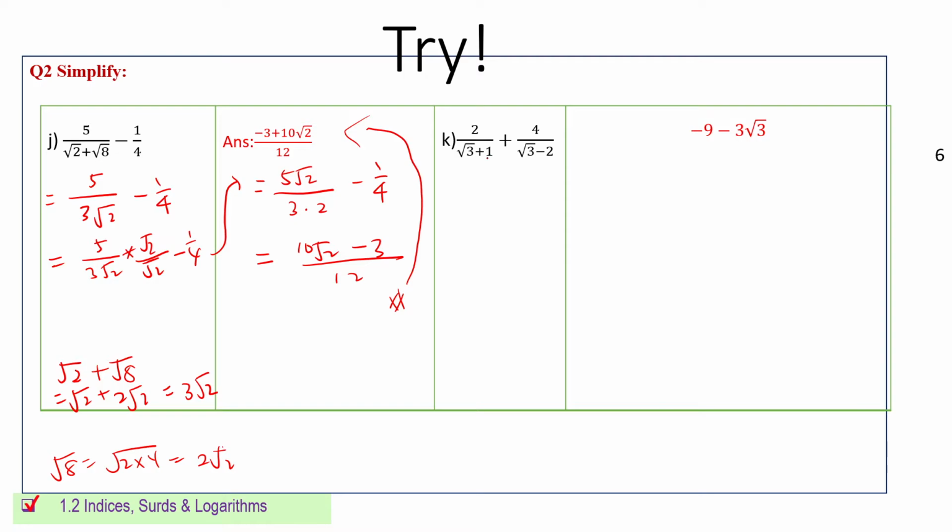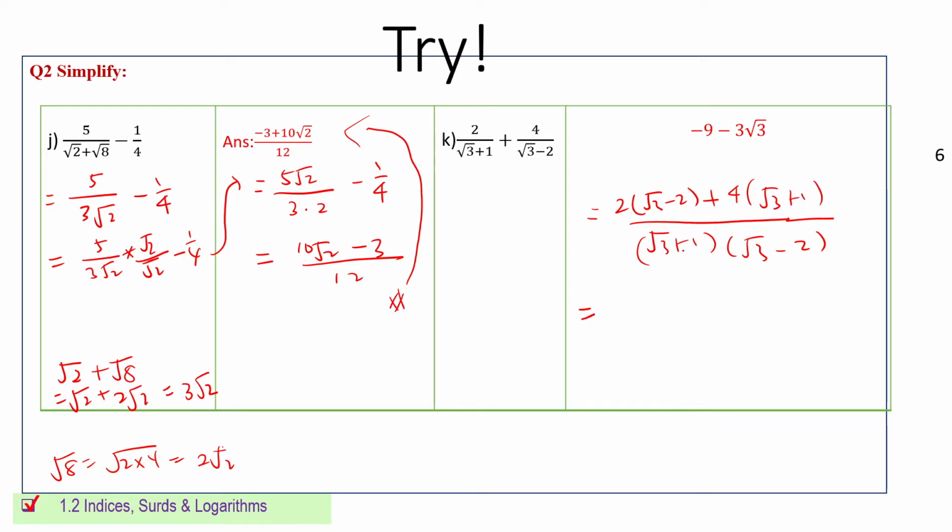Okay, if you see the denominator is a plus b, a minus b. So we know that we just cross multiply. And the denominator, as I said, okay, sorry, √3 plus 1, √3 minus 2. Oh sorry, this is not a plus b, a minus b, sorry.